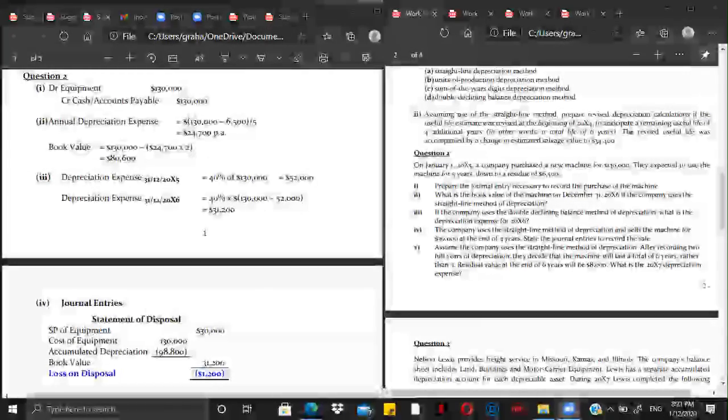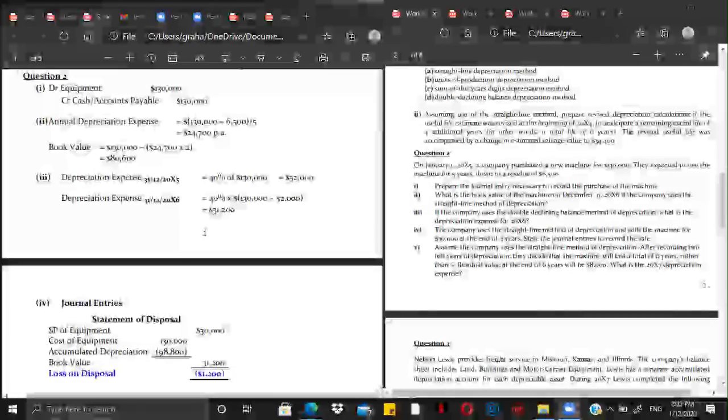So that would be 40% of $360,000, that's the net book value. So $144,000 would be the annual depreciation of that year.